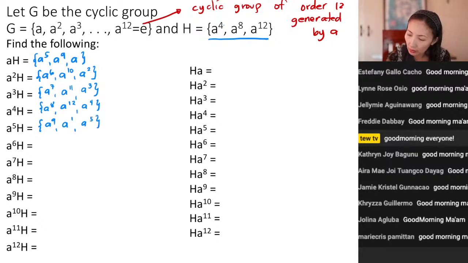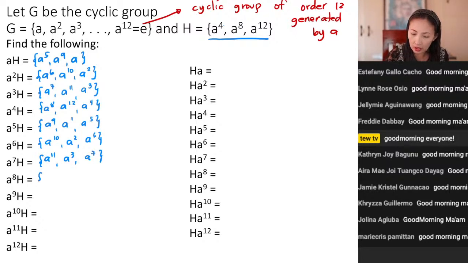Next, A to the 6 H will give us A raised to 10, then A squared, and then A raised to 6. A raised to 7 H will be A raised to 11, A raised to the 3rd, A raised to 7.